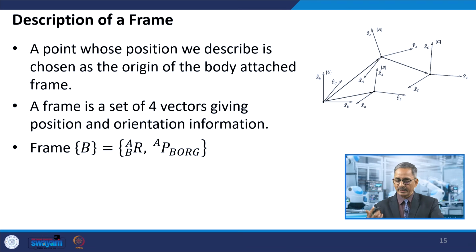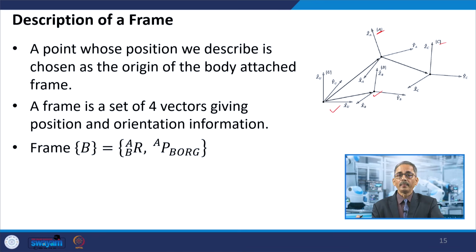For example, say this is my universal frame, xu, yu, zu, and suppose we have many bodies. I attach a frame A to body A, frame B to another body, and frame C to another body.